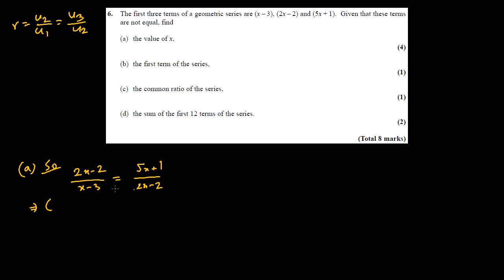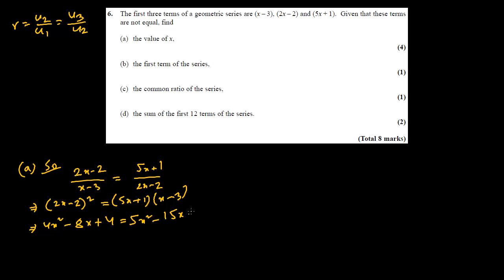If we cross multiply, 2x minus 2 into 2x minus 2 is 2x minus 2 whole squared, and we have 5x plus 1 into x minus 3. This would be a minus b whole squared. A squared is 4x squared minus 8x plus 4 equals 5x times x is 5x squared, minus 15x, plus 1 times x is x, minus 3.